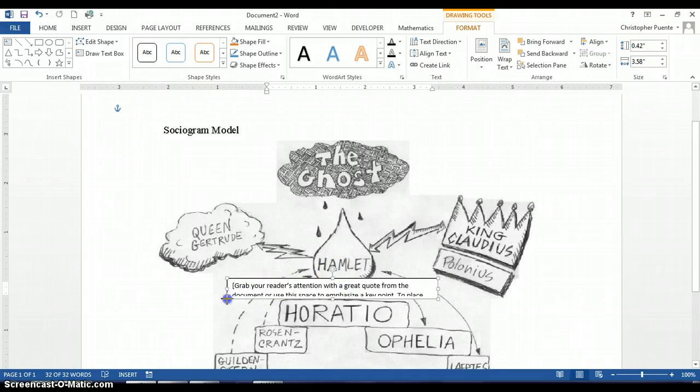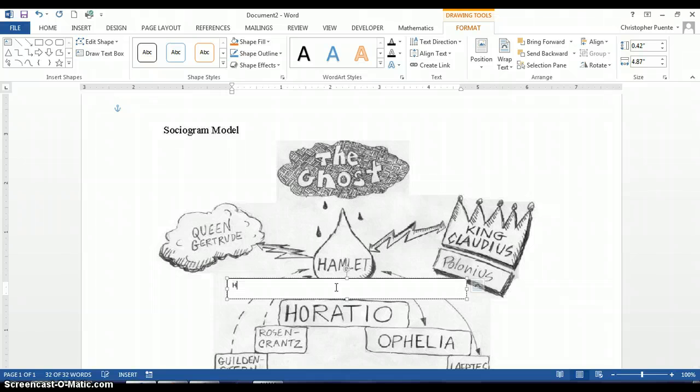So for instance, pretend I asked this student to put in a quote right here that shows me that Hamlet is sad. And so maybe it would be a quote from Act 1, Scene 2, where Hamlet says something like, "How weary, stale, flat, and unprofitable seem to me all the uses of this world."